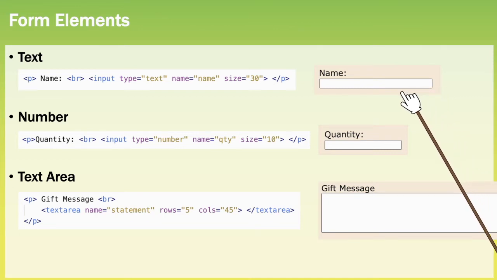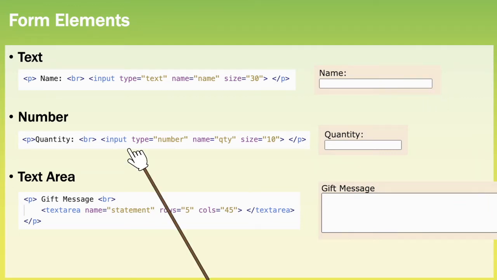Next we have number, and you'll notice that a number input is very similar to a text input, with the exception that we specify the type as number, and therefore we will only be able to enter in numerical values. Our third form element is slightly different in that it has its own tag, text area.